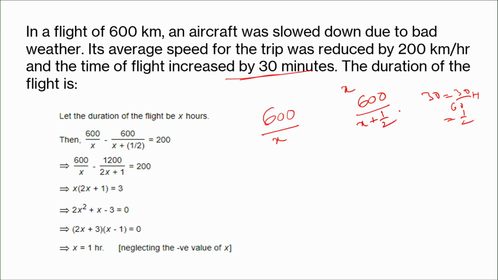Difference of these two speeds is 200, correct. So, 600 by x minus 600 by x plus 1 by 2, which is 600 by x minus 1200 by 2x plus 1.